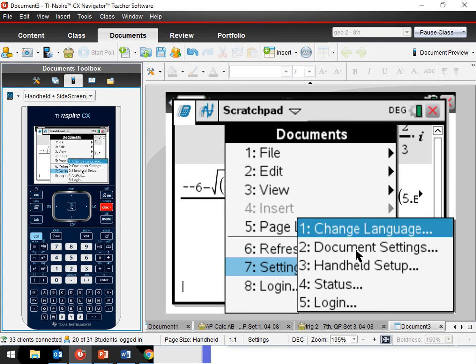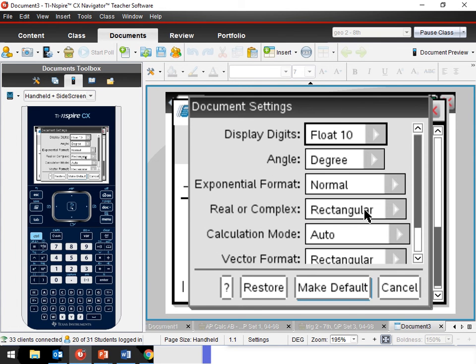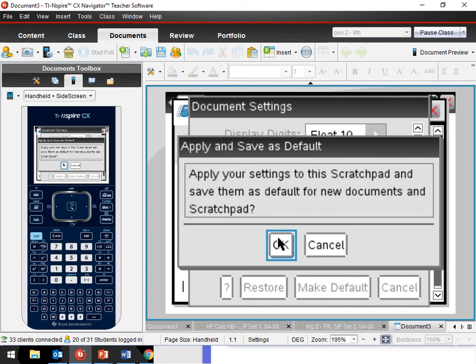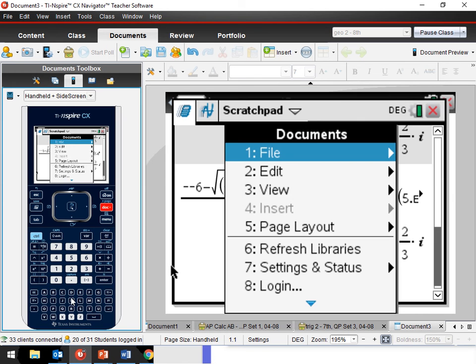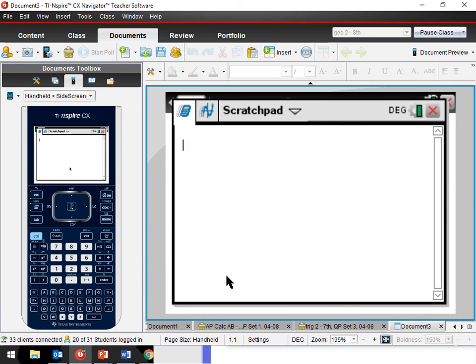Settings, document settings, and I need real. It was set for complex numbers, so like i's and stuff. Hit doc and then the letter B. It clears everything.